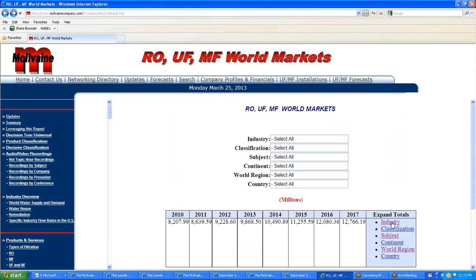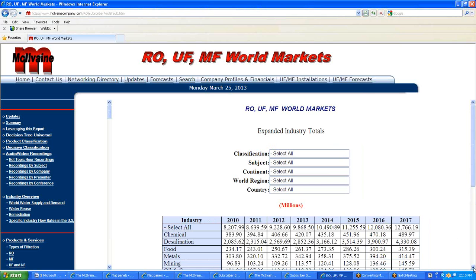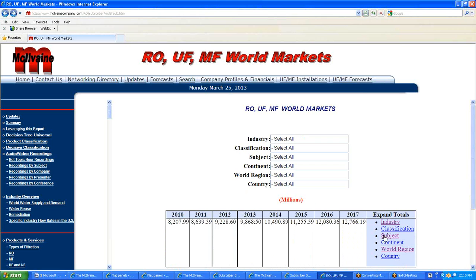And we can actually look at every country and every industry in every country, and then each type of membrane within that country. So it's a very extensive 150,000 forecast database that allows you to look at what the food industry is worldwide. But you can look at it by membrane or by industry and membrane.